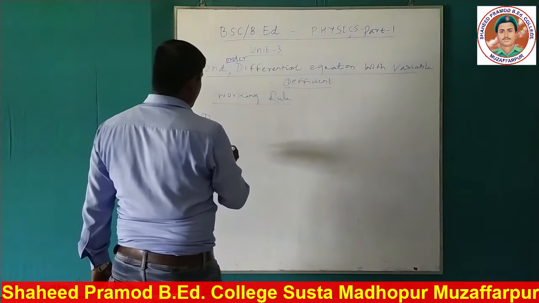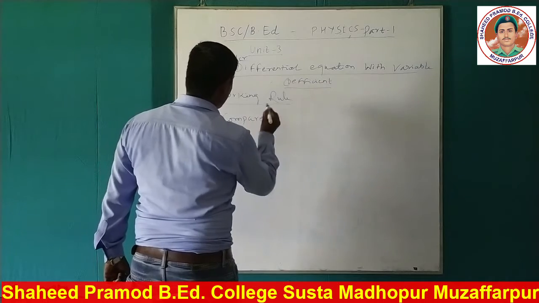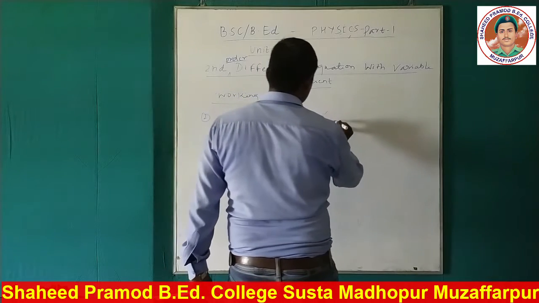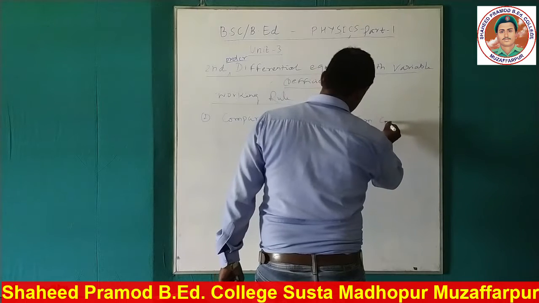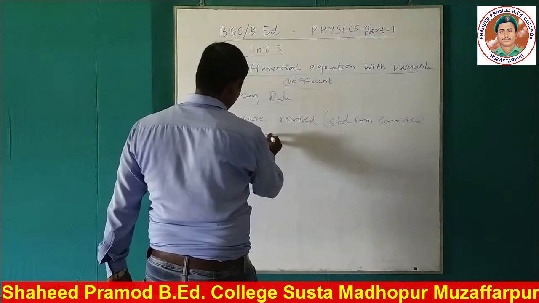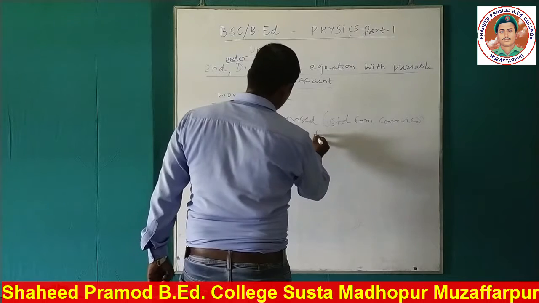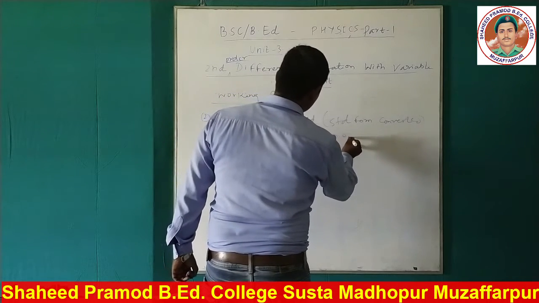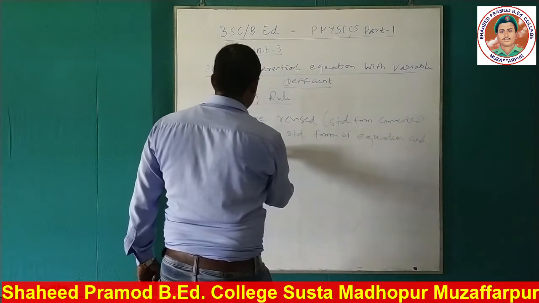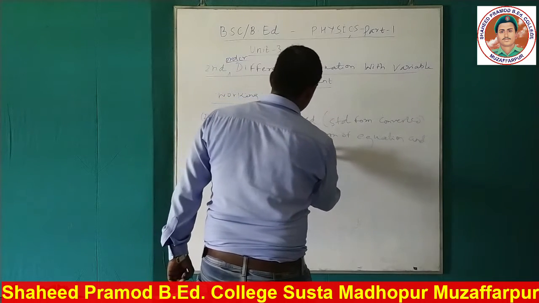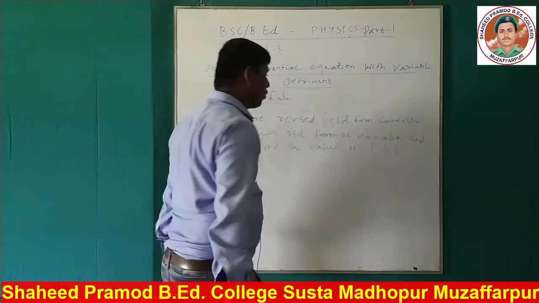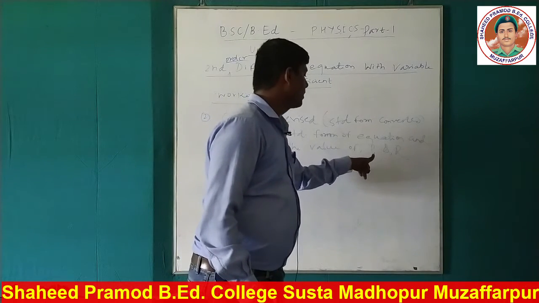So compare the revised or standard form converted equation with the standard form of equation and find the value of P, Q and R. This is variable coefficient, so you need to know what is P, Q and R.